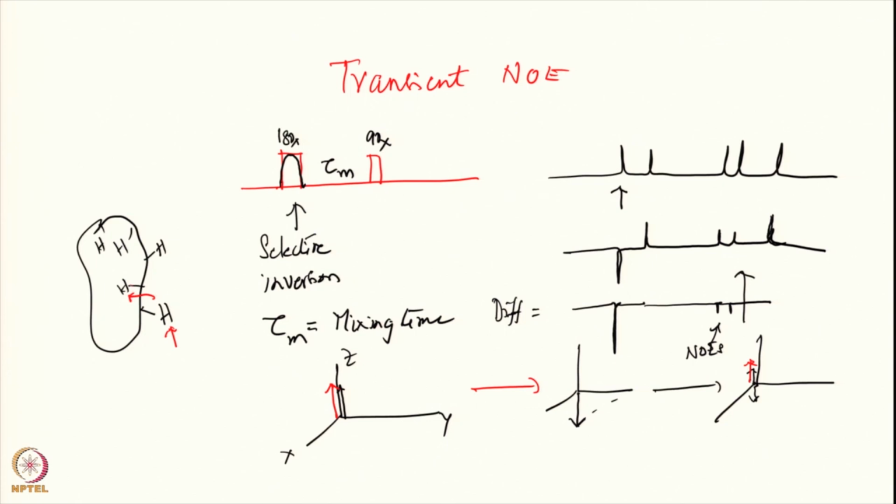As a result, it will also have to relax. What will it do? It will also transfer to something which is close by. So let us say from here it will go here, or it can go from here to here, and so on and so forth. So what is this phenomenon called? This phenomenon is called spin diffusion.